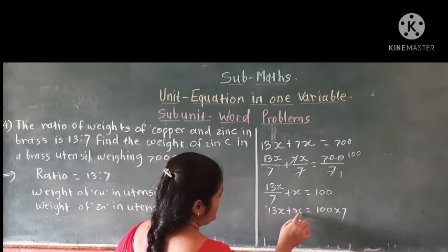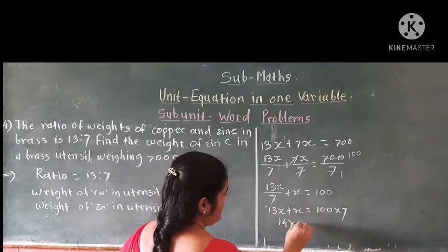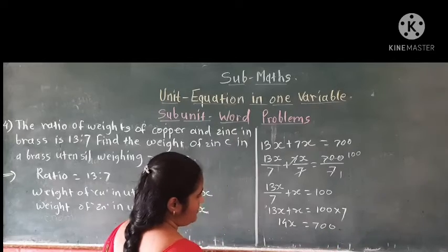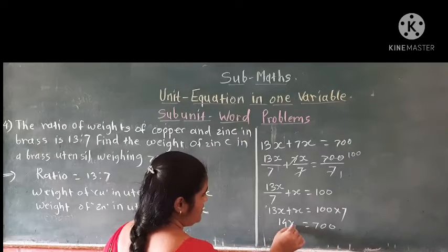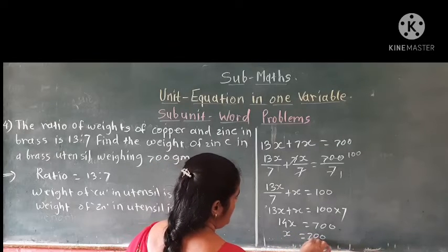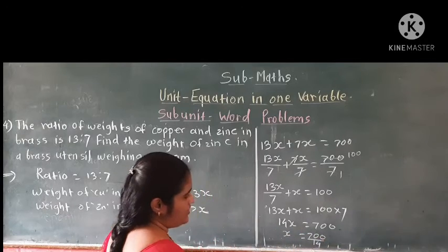Here 13x plus x is equal to 14x. Then 100 into 7, the answer is 700. 14 into x is a multiplication form, x is written as it is, then 700 divided by 14.